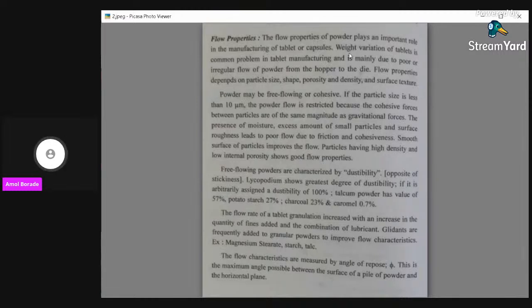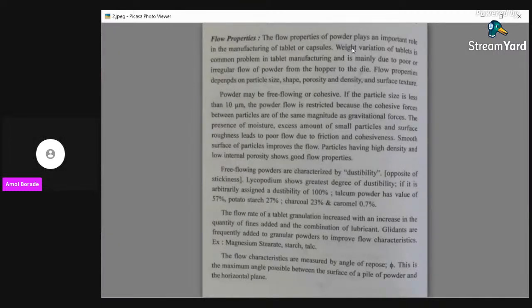We will get tablets of different weight. That is called weight variation in the tablet, and such a thing is undesirable. We don't want tablets from a particular batch with varying weight.